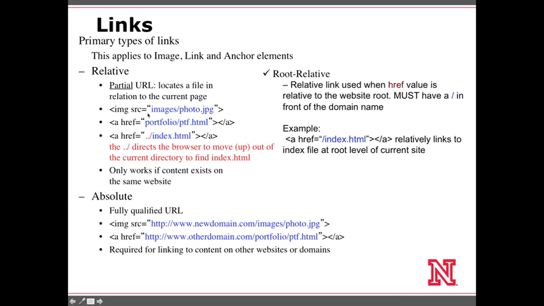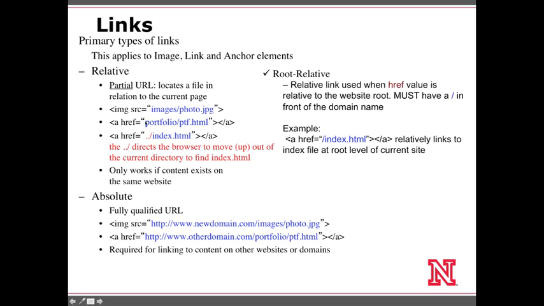Here are some examples of an image that has a relative path to an image, an anchor that has a relative path to an image or an HTML page, and then this is a relative path that includes a double period at the beginning. The double period directs the browser to move out of the current directory and find the file that's being named after the slash.